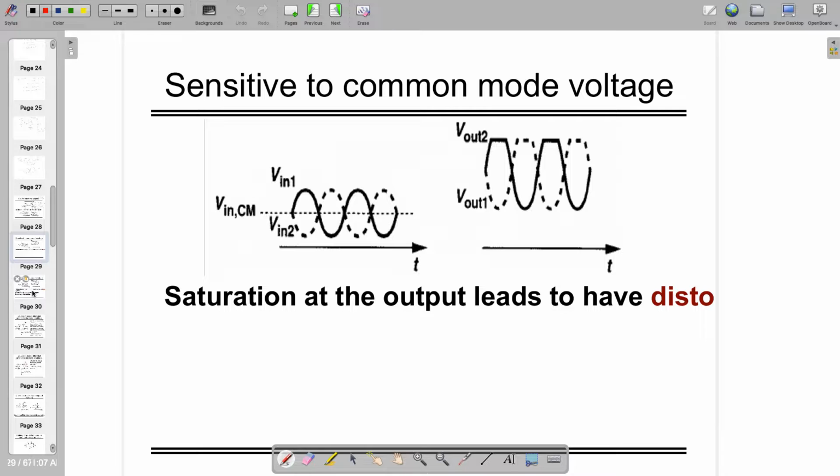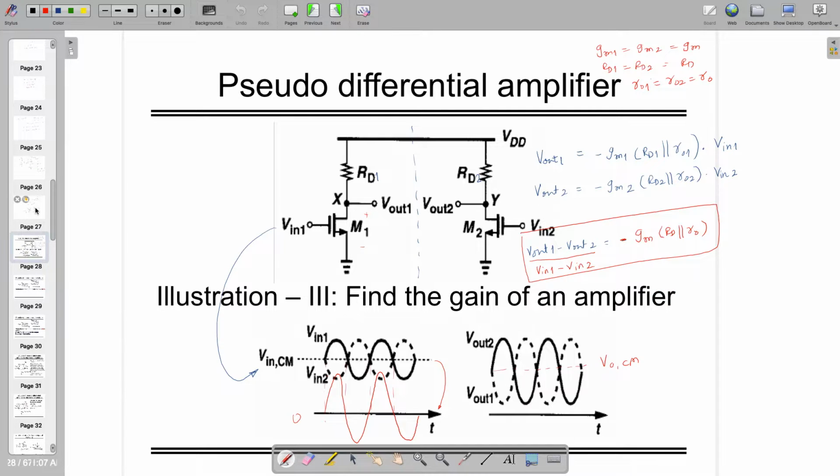But there is some specific limitation because of the input and output common mode value.